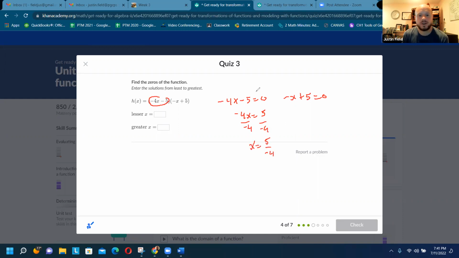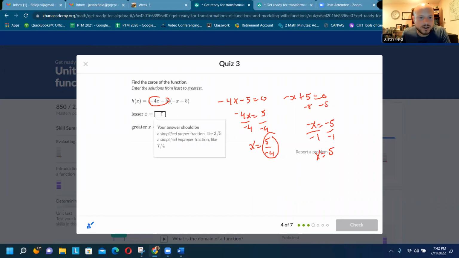So there, we set the first thing equal to 0, add 5 to both sides, divide by -4, and voila. Here, I would subtract 5 from both sides, and then divide both sides by -1, and you actually get +5. So the greater zero is +5, and the lesser zero is -5/4.